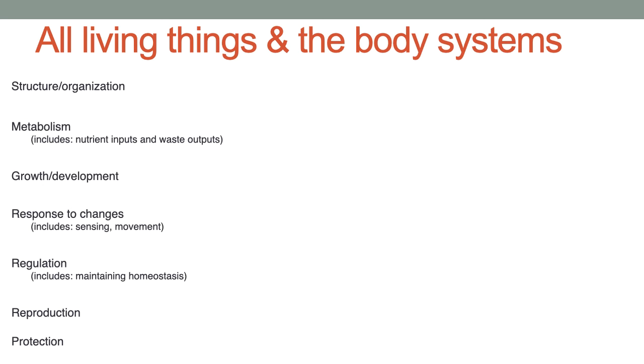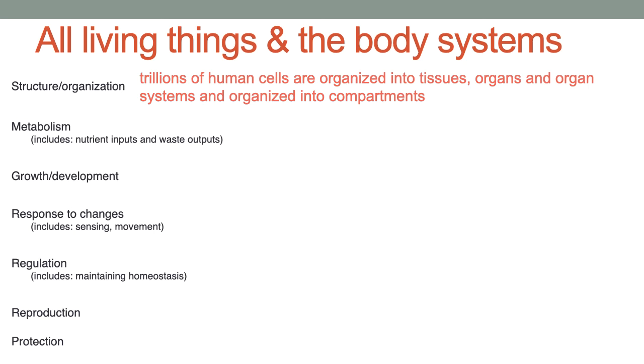So the human body, of course, consists of trillions of cells that are organized into tissues, organs, organ systems, and of course those organ systems are also organized into compartments called cavities. So that gives us our structure and organization.